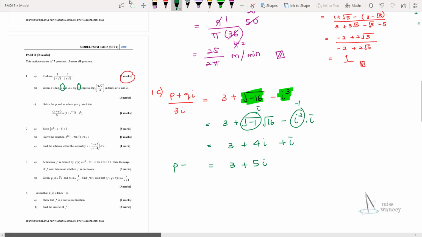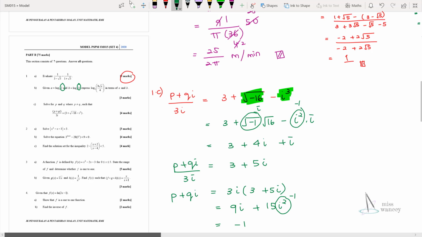So this is p plus qi over 3i. So that means in order to calculate p plus qi, I can actually multiply everything by 3i. So 3i times 3 plus 5i. So I will have 9i plus 15i squared. And again, i squared is actually equal to negative 1.